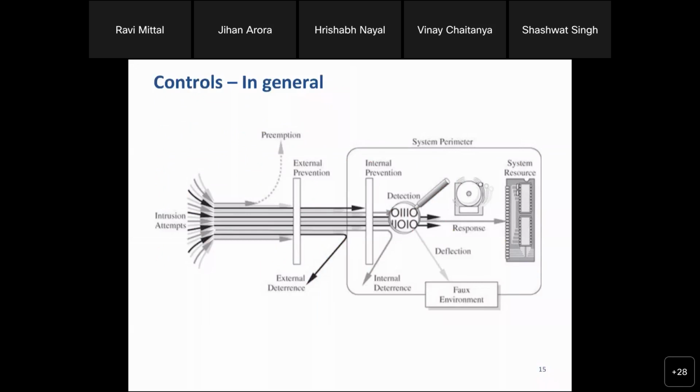In general, we can think of control in any system as in the following diagram. We have external prevention, like a gate or an external wall, and because of that some weak intruders can just get away. This is called preemption. Or some may get in but cannot get into the next level of the system.